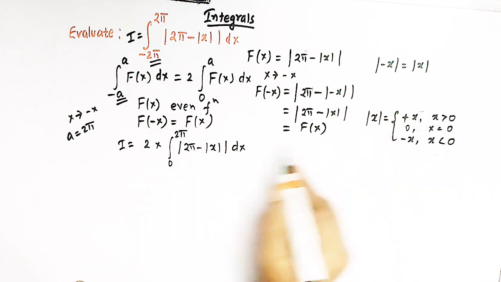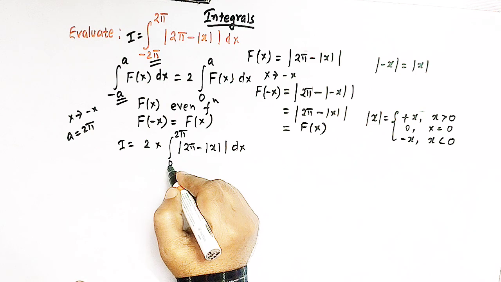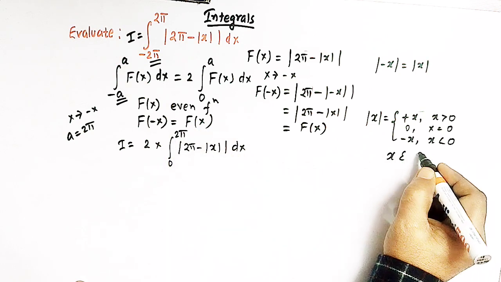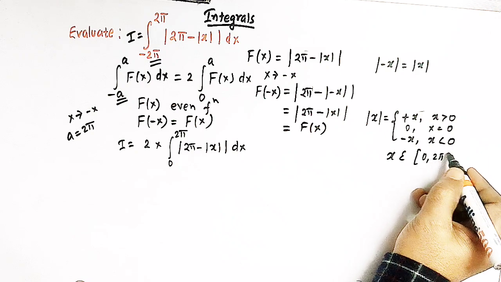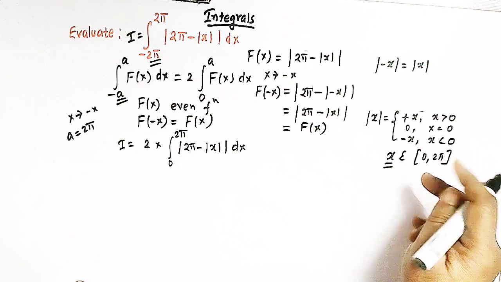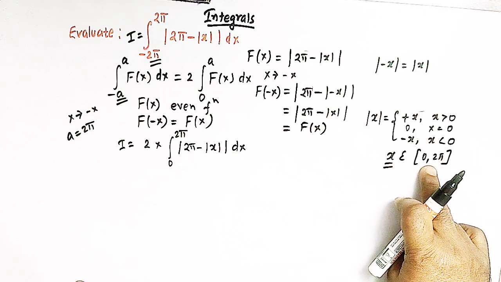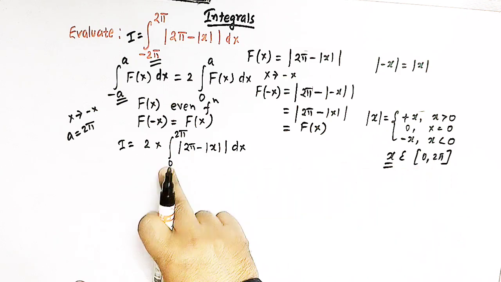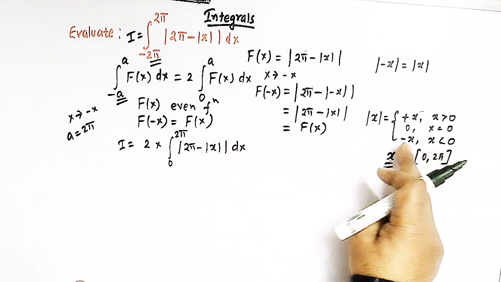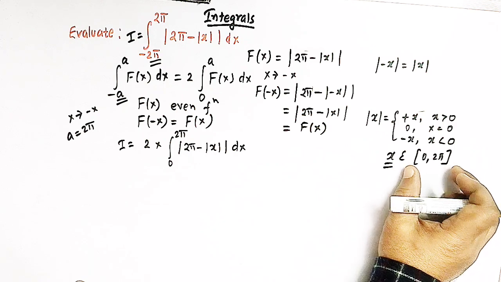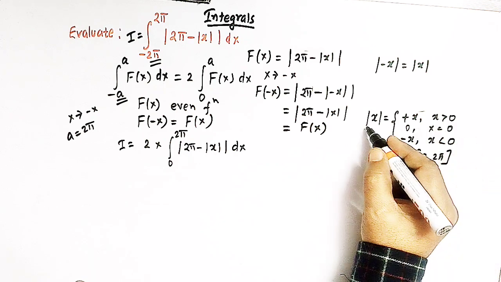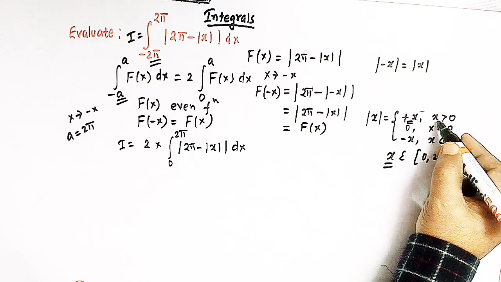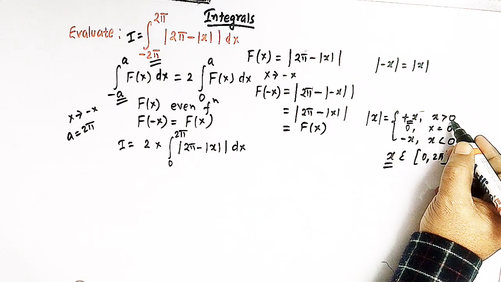When x belongs to this interval, from 0 to 2 pi, all the values of x are positive numbers, so mod of x must be equal to positive x, because x is greater than 0.